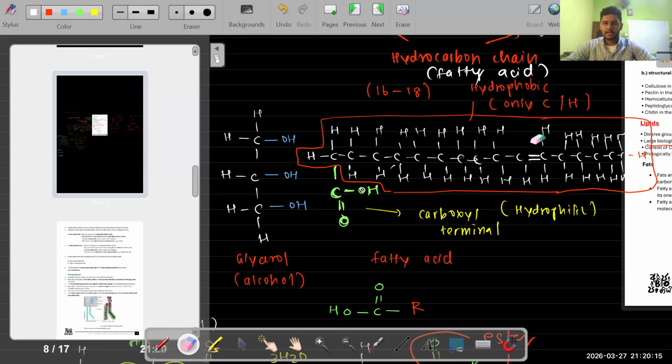Why? Because carbon has how many valency? The valency number is 4. See, 1, 2, 3, 4. Correct. Can you see? Yes, sir.